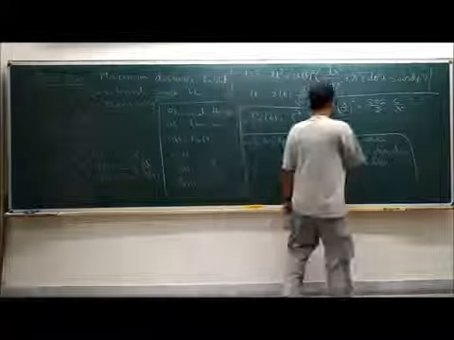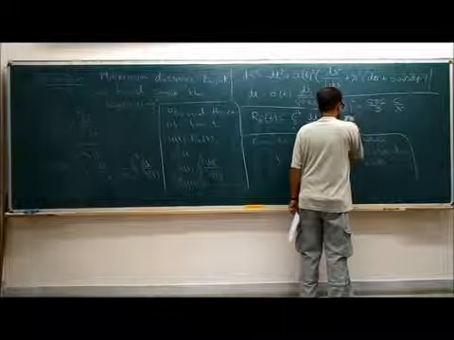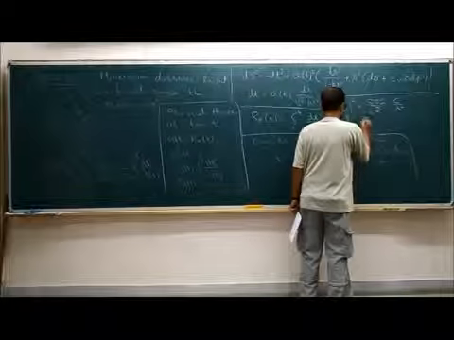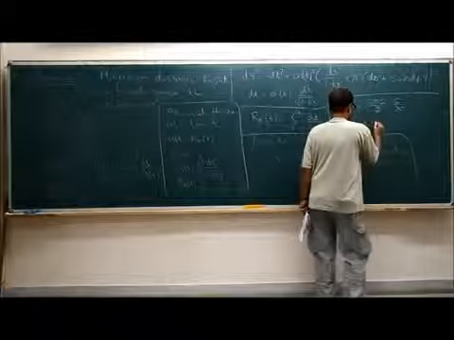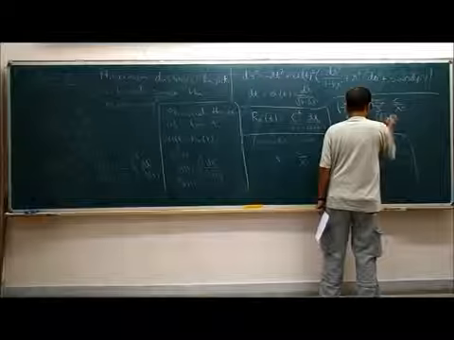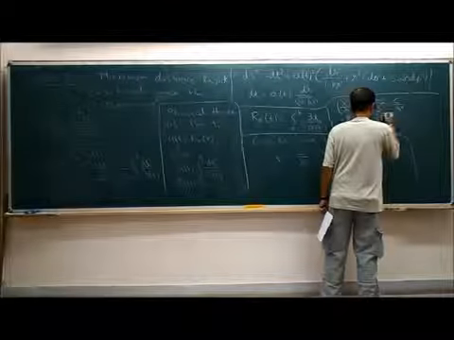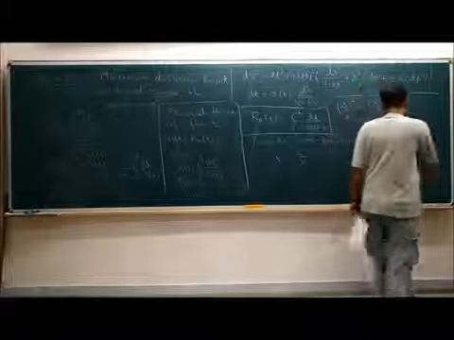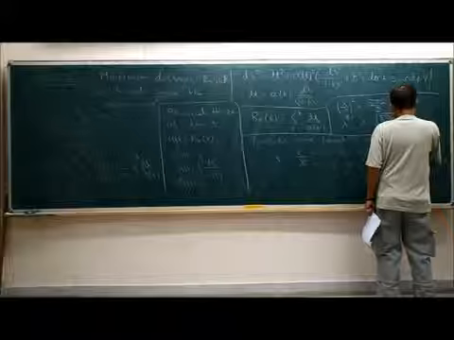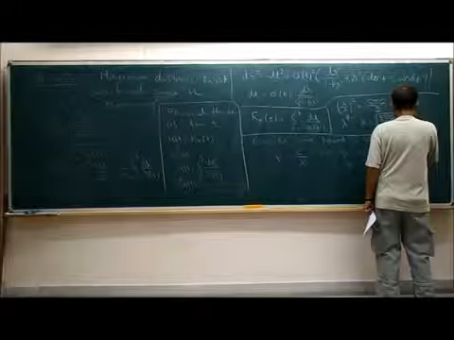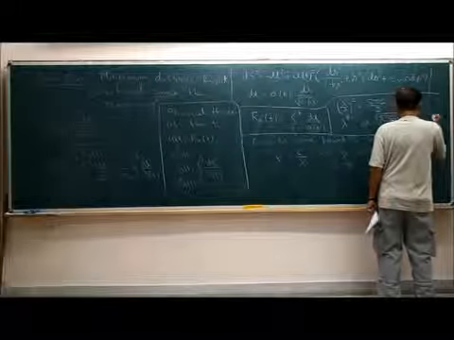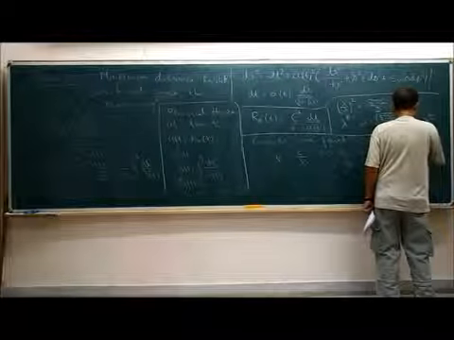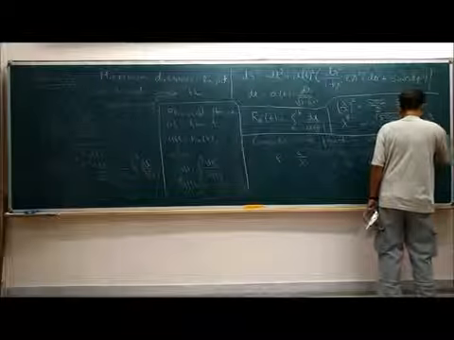So by taking the square root, we get lambda to the alpha by 2 minus 1 times lambda dot equals the square root of 8 pi G c over 3. This can be integrated to give 2 over alpha, lambda to the alpha by 2, equals the square root of 8 pi G c over 3 times t plus k.